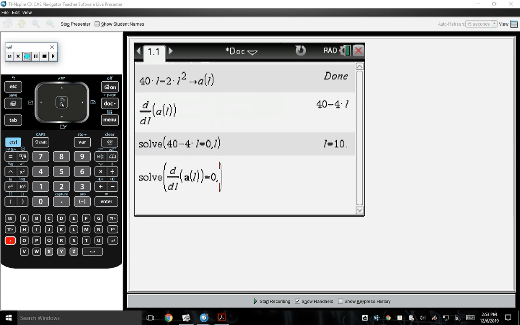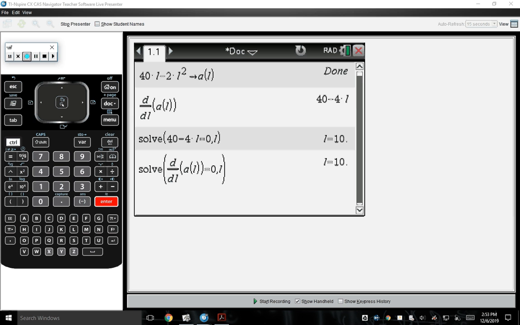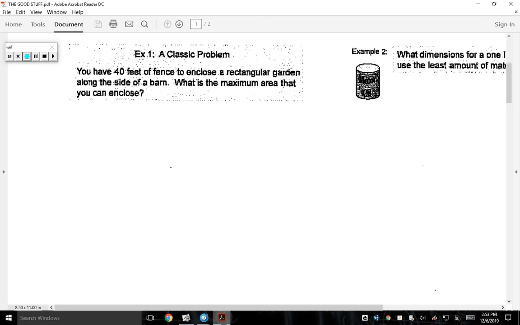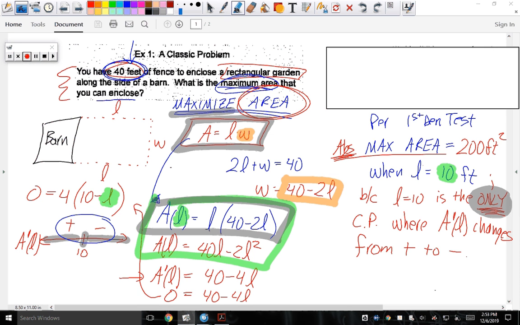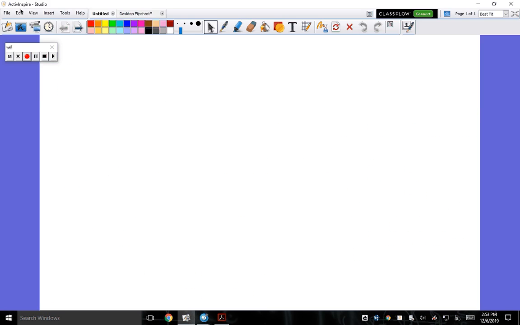And you always have to tell the calculator what to solve for. So we'll put comma L. If I press Control Enter, it goes straight to that 10. And this 10, guys, that we just found is this 10 right here that we were finding by hand. Okay? This is when the derivative is equal to 0.